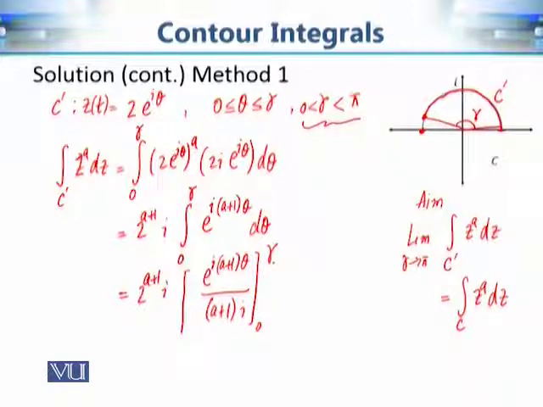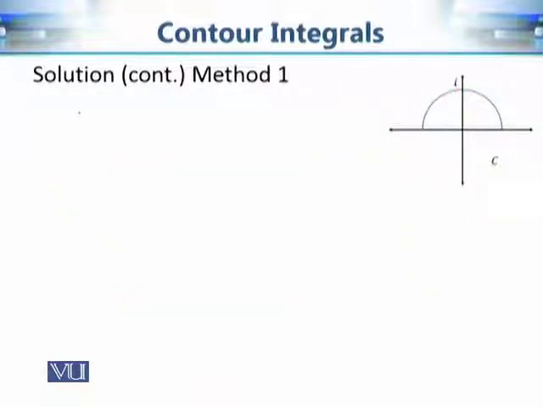Okay, now let's move on and apply the limits of integration. So if we apply the limits of integration, what do we get? 2 raised to power a plus 1 divided by (a plus 1) iota, so e raised to power iota (a plus 1) gamma minus e raised to power 0.